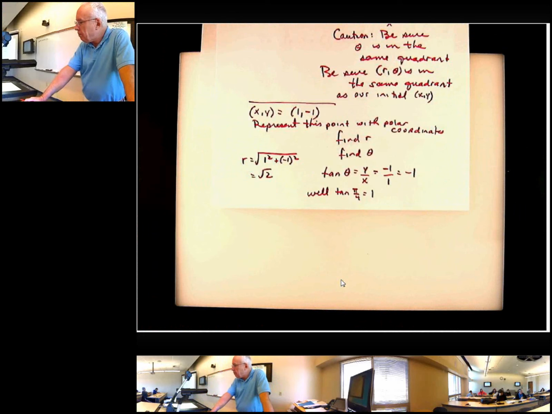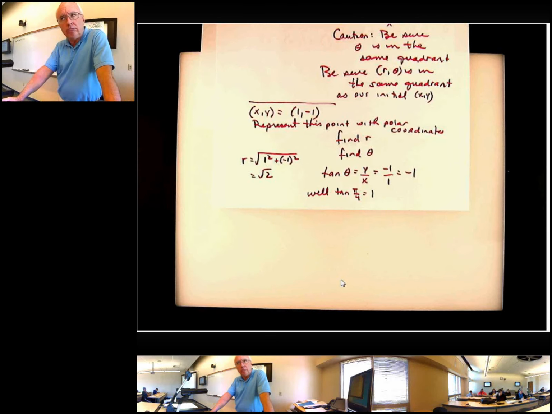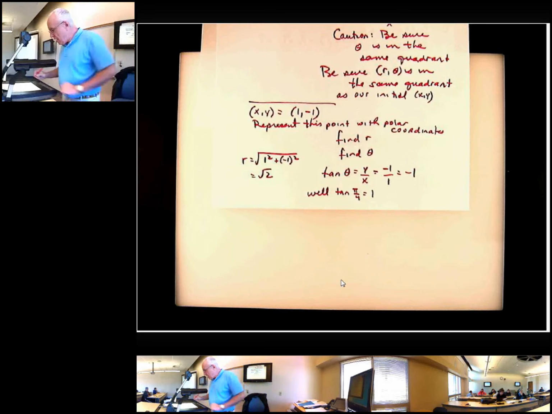So what angle then would give us a tangent equal to negative 1? Yeah, 7 pi over 4 would work. Okay. I was thinking of minus pi over 4, but 7 pi over 4 is fine.